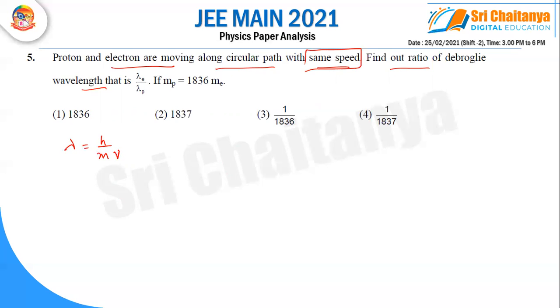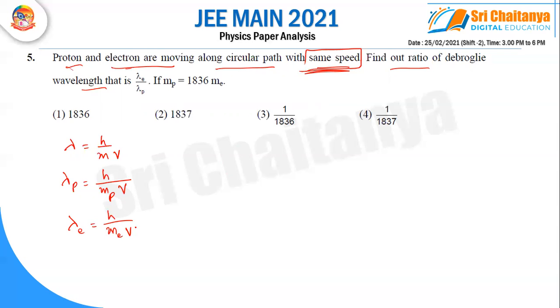So for the proton, lambda proton is equal to h by the mass of the proton times the velocity, which is the same, and lambda electron is equal to h by m_e v.